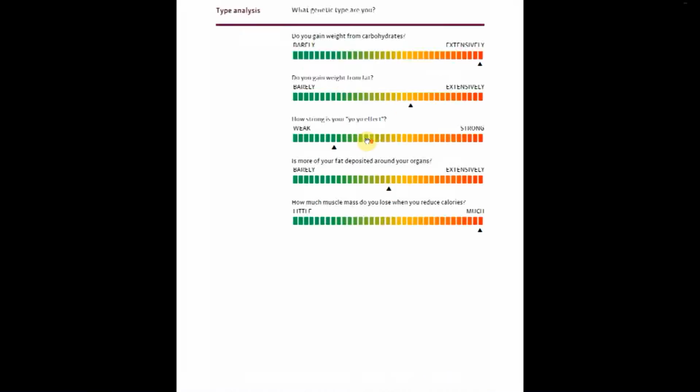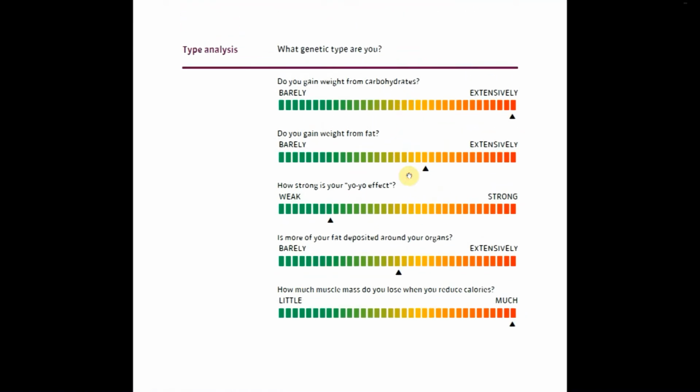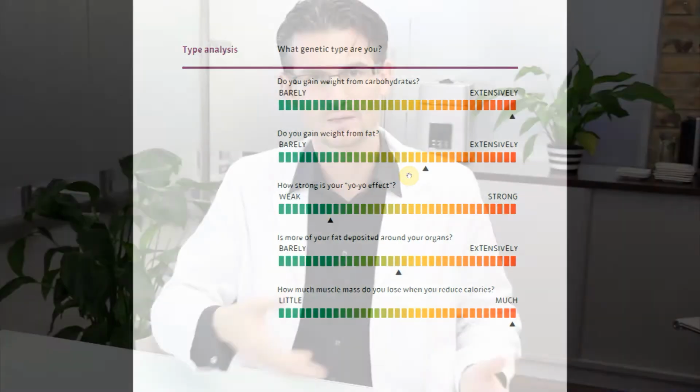Now here we see what kind of information we could gather from your genetic test. And the first step, the first thing, looks at what sort of genetic type you are. For example, the first question is, do you gain weight from carbohydrates? There have been studies that some people, when they eat more carbohydrates, gain weight, which is what you would expect, because carbohydrates, sugars, they have a lot of calories.